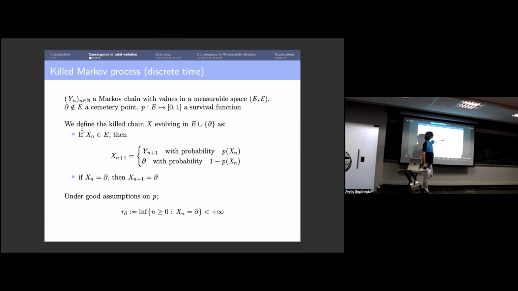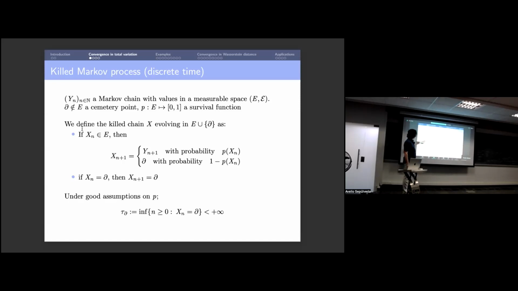It's living in some measurable space E, and I add to E a cemetery point, but Yn never visits this point. But there's a probability p of survival that depends on the state of the process. And with these two objects, I can define the Markov chain Xn that evolves in E and the cemetery point.